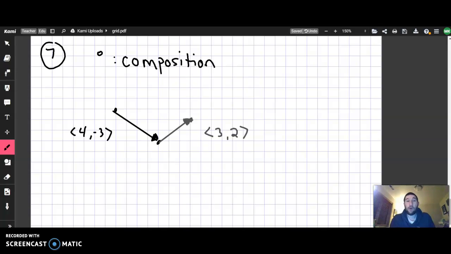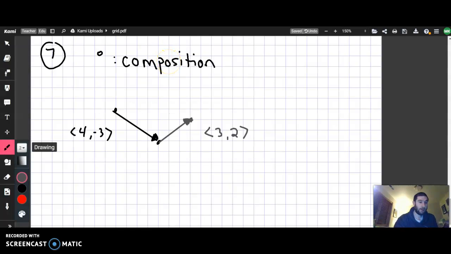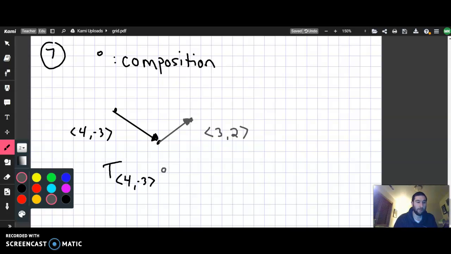What I just did is I just composed 2 vectors together. So if I use that same notation in this new spot, then my black translation went up 4 and over 3, and I'm composing that. I'm putting it together with my new vector that went over 3 and up 2.